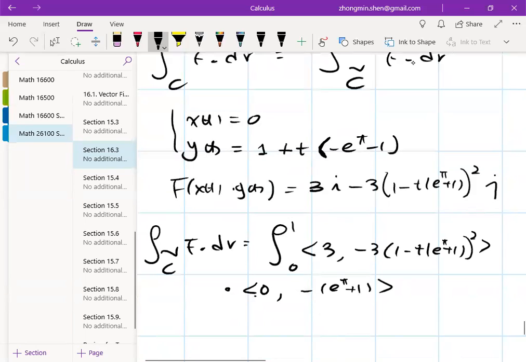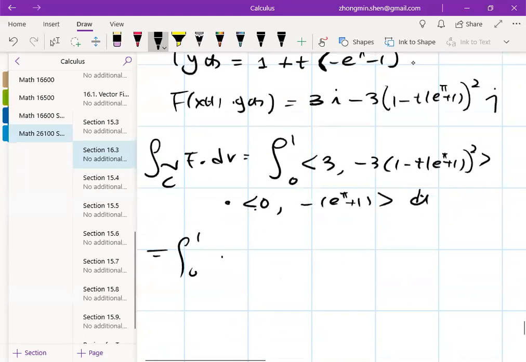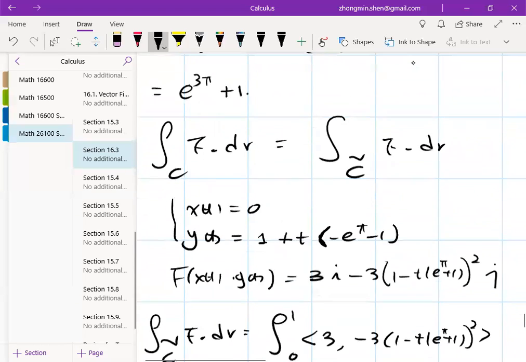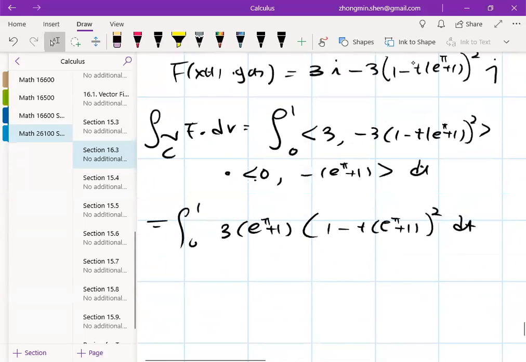When you multiply this out, you only have 3 here and the 1 minus t(e to the pi plus 1). Just evaluate this integral. In the above computation we got e to the 3 pi plus 1. I'm not sure. You can use substitution. When t equals 0, you get a 1.